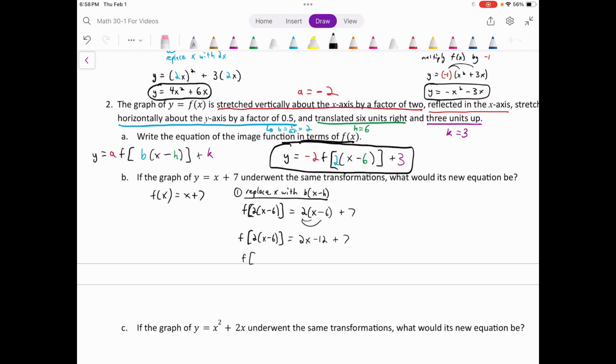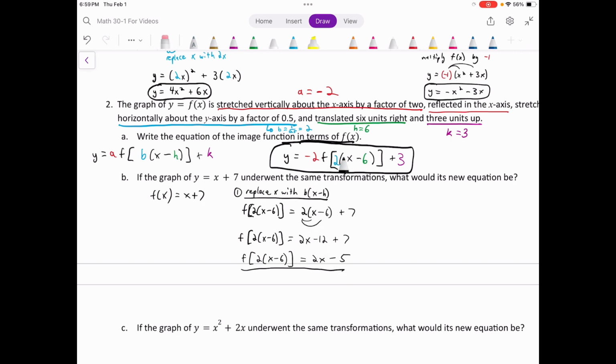So what we've just found is f of 2 times x minus 6. And 2x, -12 plus 7 is going to be -5, right? So f of 2x minus 6 is just 2x minus 5. And we can refer back to here. These are our instructions. We knew we had to find f of 2x minus 6. We just did. It's 2x minus 5.